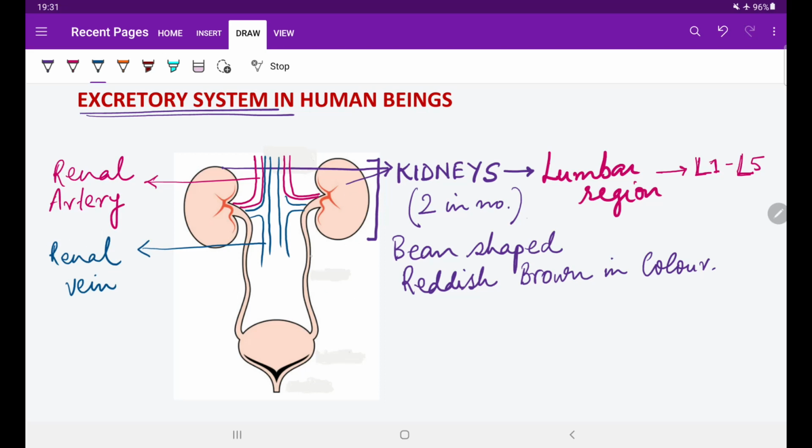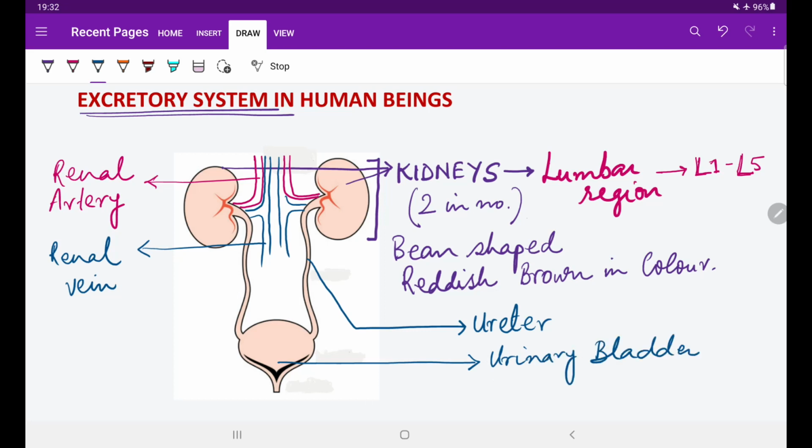The urine which is formed is transported to a temporary storage organ with the help of a long tube-like structure called the ureter, and it gets stored in a bladder-like structure called the urinary bladder. Finally, the urethral opening allows urine to be released out.